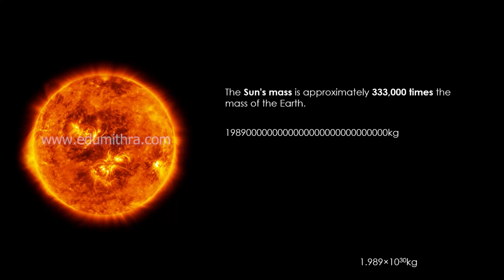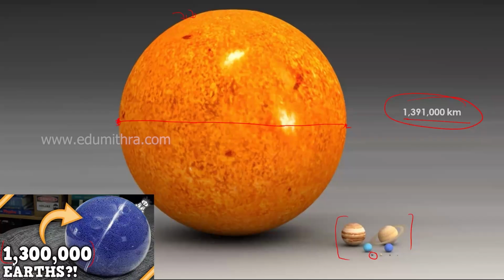That is one way of saying the size of things: compare it with something we know. So 1.3 million Earths can be filled inside the sun.